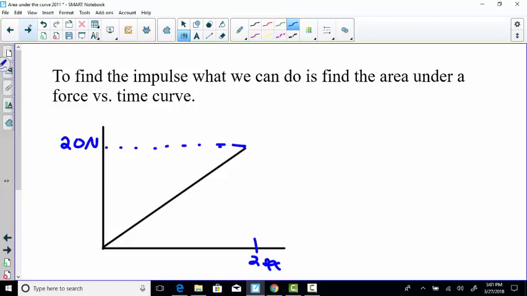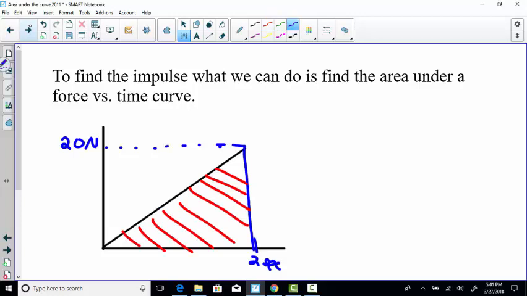Well, this is a triangle. So, in order to find the area under this curve, we'd use the area of a triangle, which is 1/2 base times height. The base and the height are still force and time, so I still have my units of impulse. I'm just calculating the area underneath that.